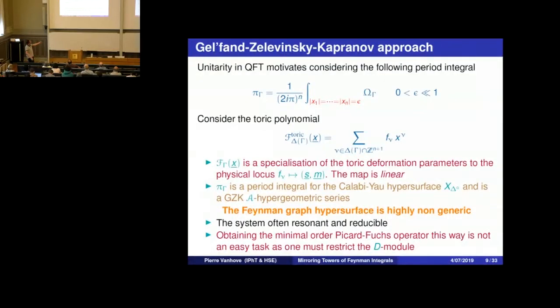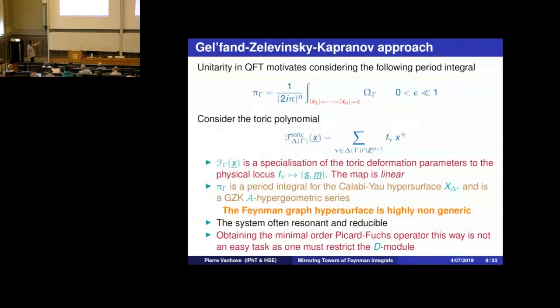So that means you will have many more toric parameters here than you actually have in your physical Symanzik polynomial. As I already said before, the restriction to the physical locus is by a linear map.